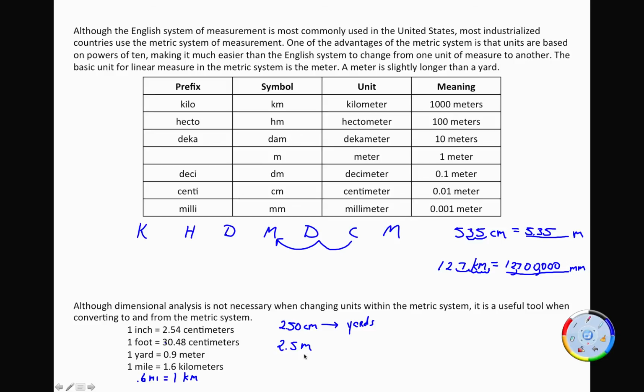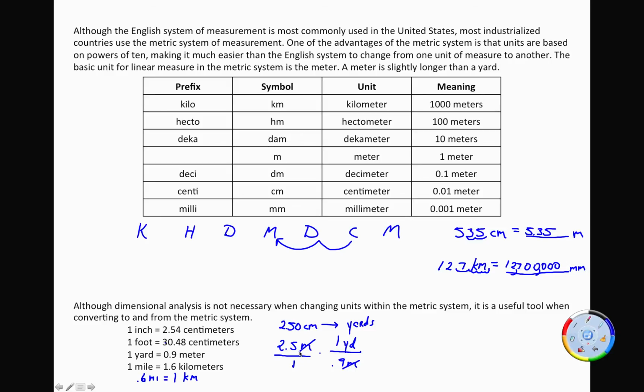Now to actually change from the metric system to the English system, I'm going to go back to my dimensional analysis. So if I'm starting with 2.5 meters, I have a conversion factor that uses meters and yards right here. So I can put 0.9 meters on the bottom, 1 yard on top.